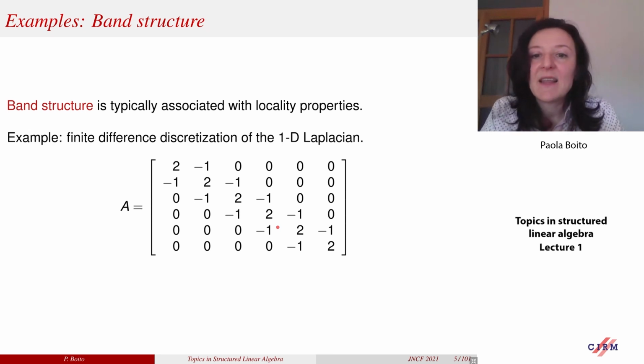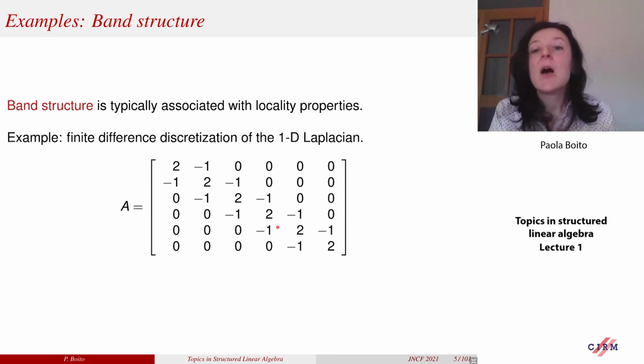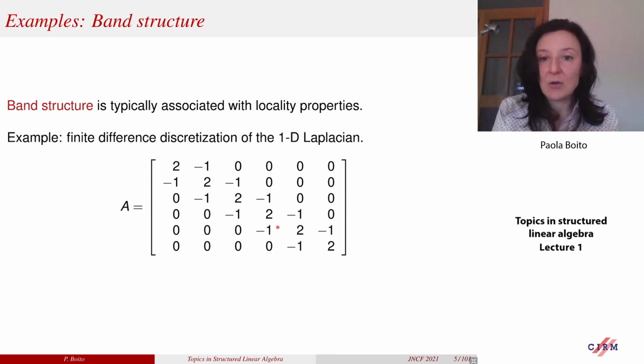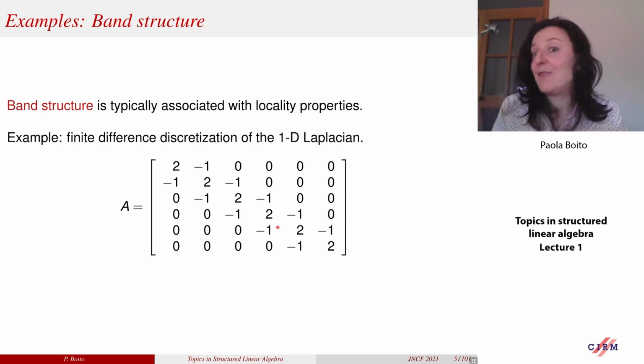By this, I mean that we're working on a system where we have a collection of objects or of nodes in a discretization, where each object or each node only has an influence on its neighbors. And it does not have an influence on nodes or objects that are far away.